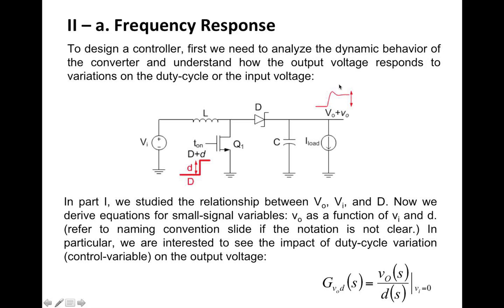So we can find out this behavior by calculating the transfer function from duty cycle to the output voltage. And for calculating this transfer function in the Laplace domain, we assume that all other disturbances are zero. So it's basically like a superposition. We zero all other variables and just look at our input to output transfer function.